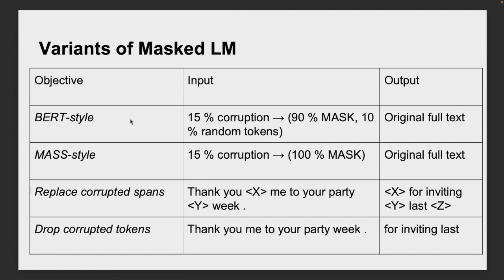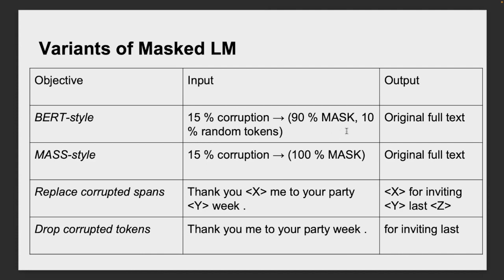And comparing to the BERT style masked language modeling, there are also different variants. One is you just have a 15% corruption, right? So like 90% mask, 10% random tokens, and I think you also randomly replace some words with some random word.